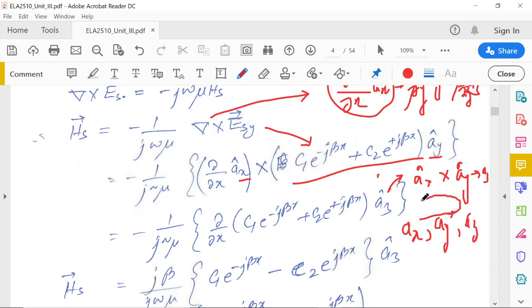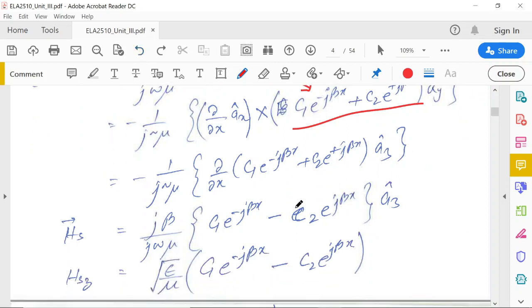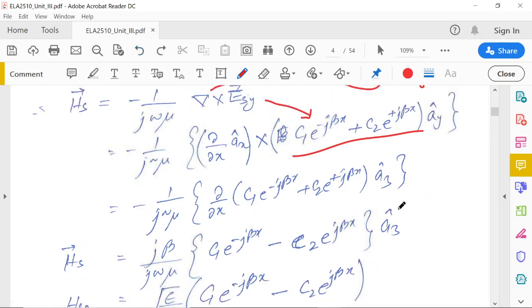You have to move in this fashion. So when you take the cross product of ax and ay, it will give az. If you take ay cross az, the cross product equals ax. So here it will be az. So the direction of H comes out to be az.